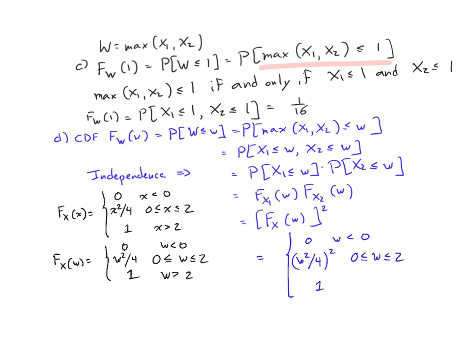And it's 1 squared, which is 1, for w greater than 2. And then we just check our answer. We recall that this is equal to w^4 over 16. So the next two slides have the solution from the solution manual, and you'll see it's exactly the same.